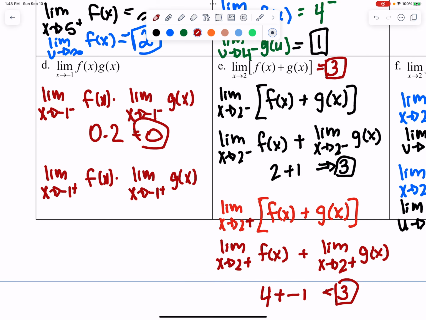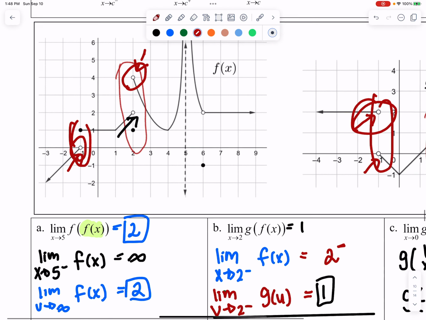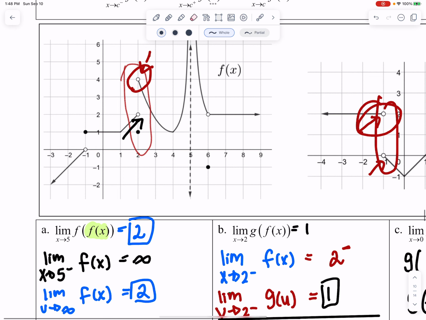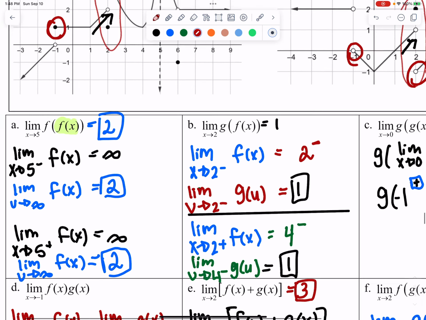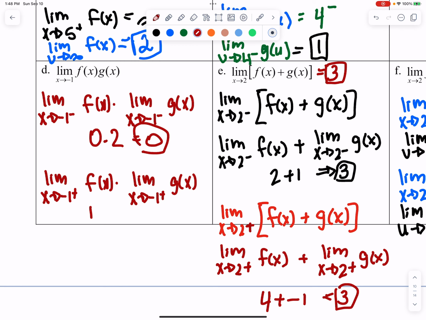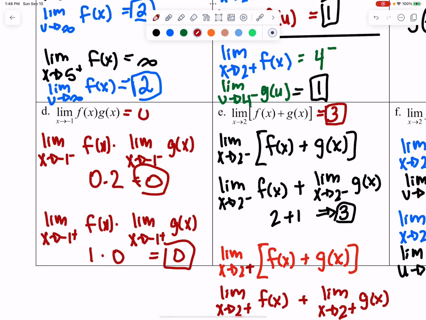If I were to do the same thing for my right side of the limit, I have 1. And then my right side of the limit here is going to be 0. So now I have 1 and 0. That's going to be 0. Since both of them are 0, we know that the limit as x approaches -1 of f of x times g of x is 0.